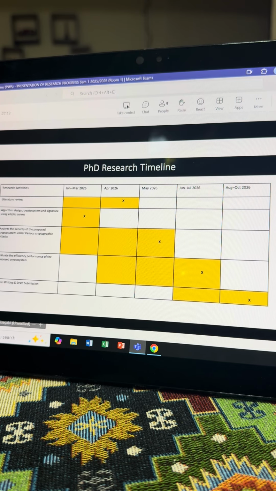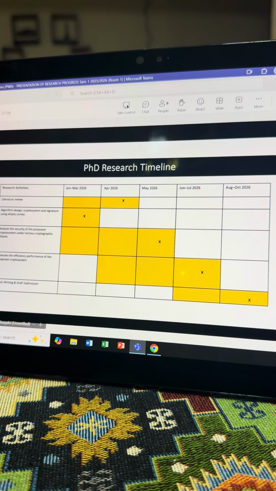The subsequent months are dedicated to formally analyzing the security of the proposed schemes under different attack models and then evaluating their efficiency in terms of computational performance. Finally, the remaining period is allocated to completing the thesis writing and preparing the draft for submission.